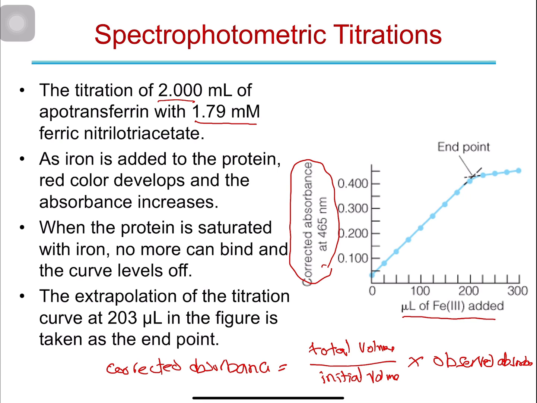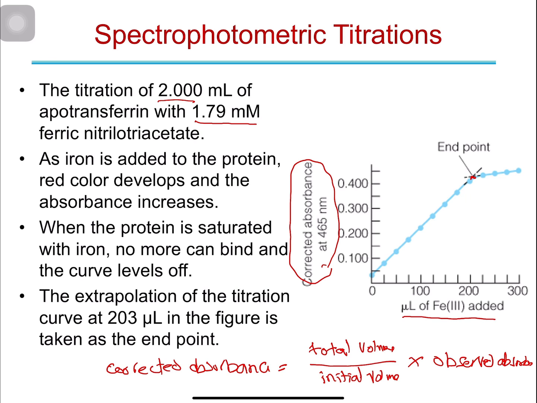So the absorbance that you get from that solution is not the one that you actually plot in this curve, but you have to use the corrected absorbance. So you need to calculate what the total volume is now and what the initial volume was, and then you multiply this by the observed absorbance.